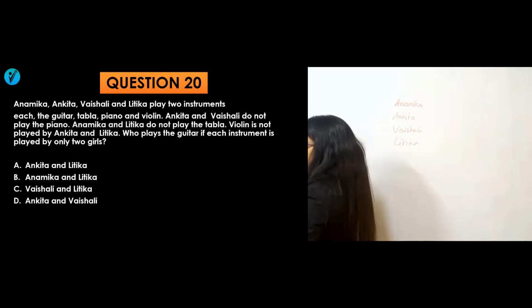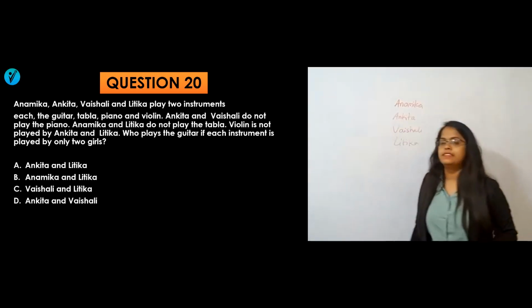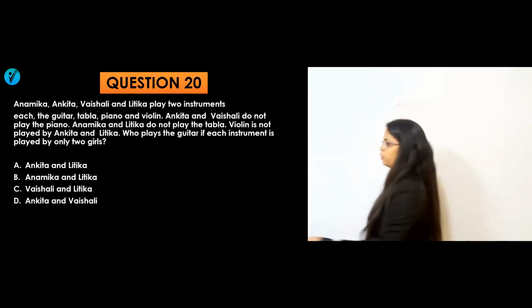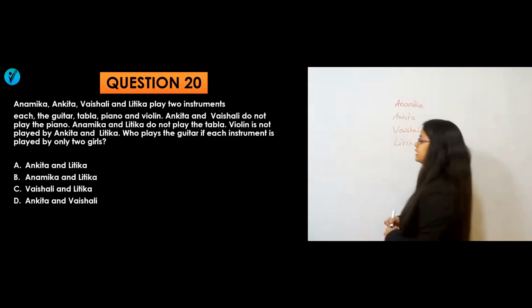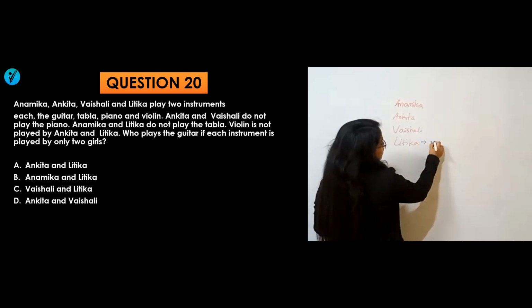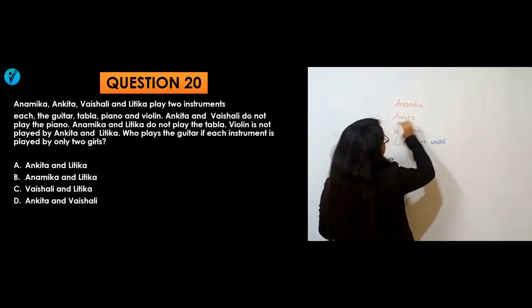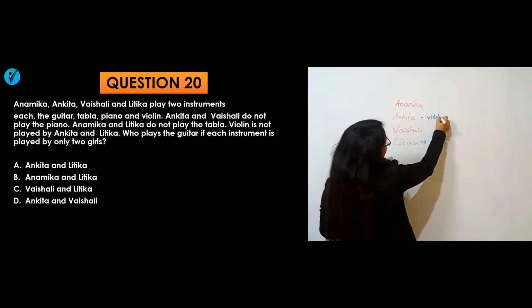Okay. Then what are they saying here? Each of them plays 2 instruments out of these 4. Then they have given that violin is not played by Ankita and Litika. She does not play violin. Even Ankita also does not play violin.